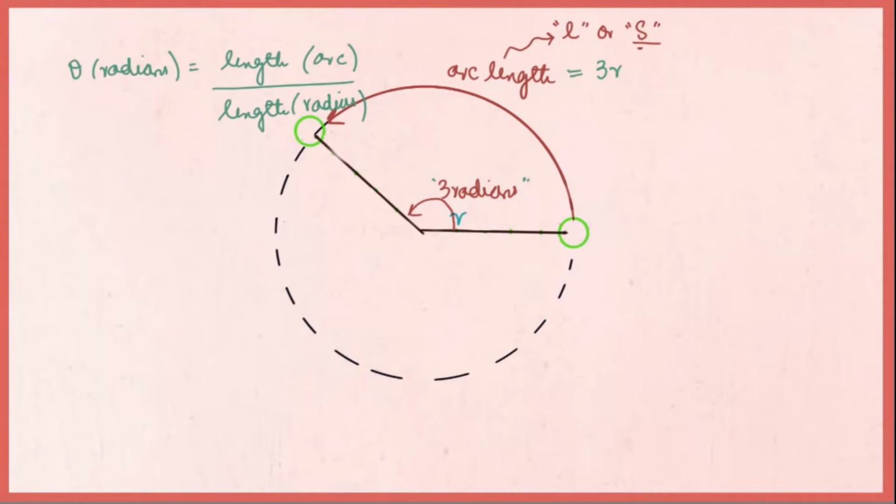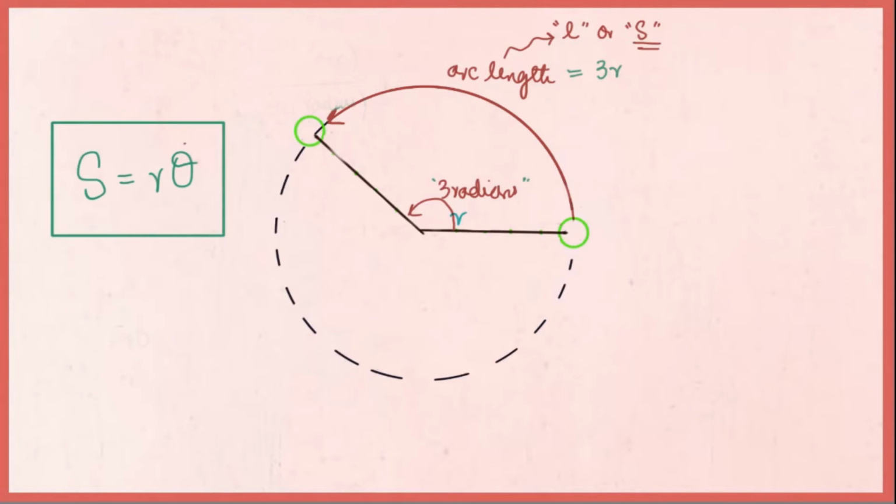This S is not a vector quantity, but a scalar quantity, and it is the distance covered by the tennis ball in space around the circumference when a certain angle is subtended. So the equation can be written as theta equals S over radius. This equation gives us the relationship between angular displacement and distance.